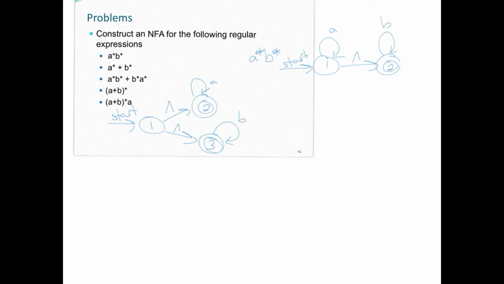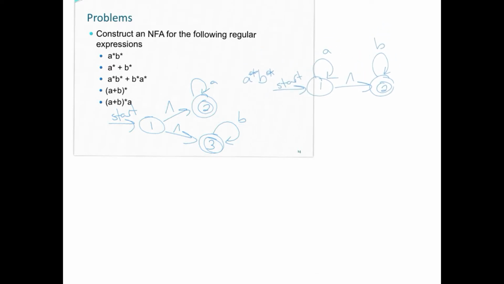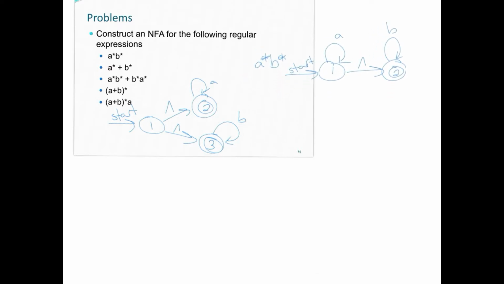Oh, and now I have A star, B star plus B star, A star. So either starts with A's and then ends with all B's, or starts with B's and ends with all A's. So actually that's going to be somewhat similar to this guy. What we're going to do, let's do it in a different color. Again, there's lots of ways to do this, but I'm just showing you what seems most natural to me.